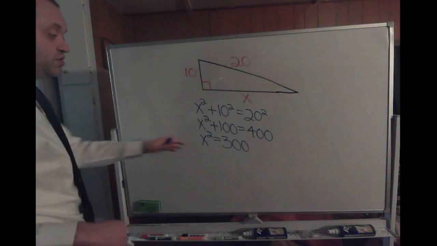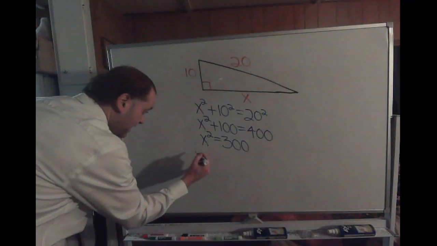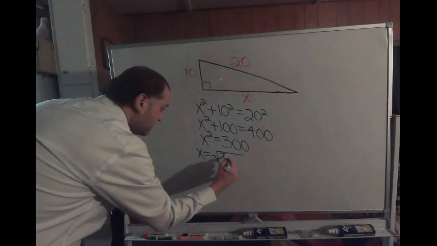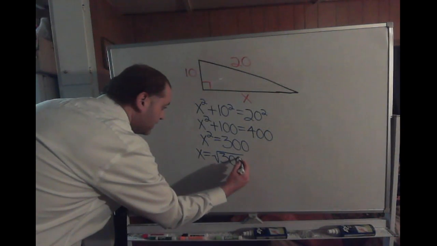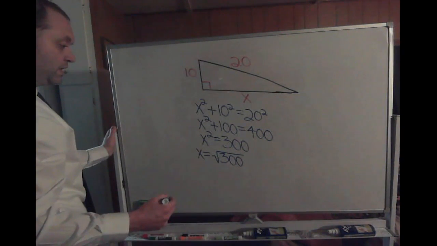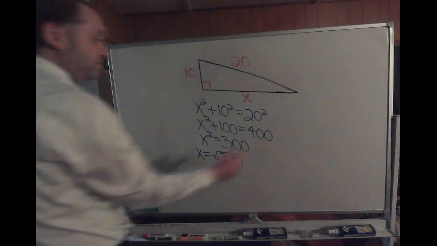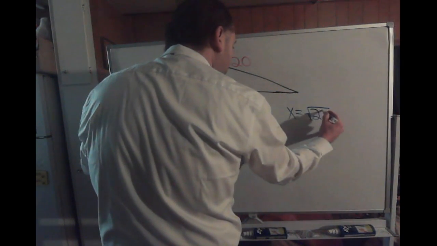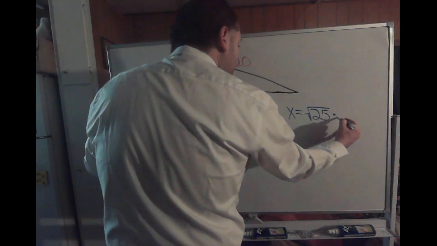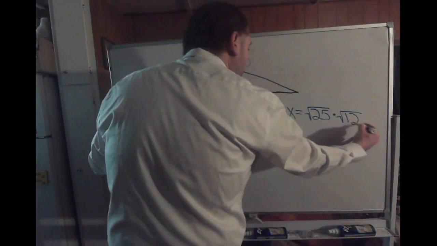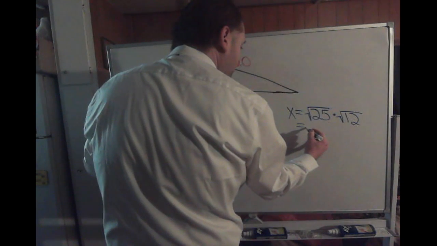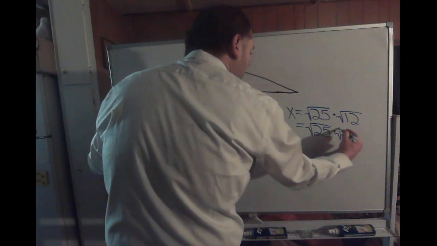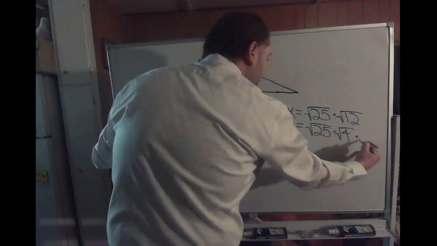And now, of course, we want to take the square root of both sides, only the positive square root. X initially equals the square root of 300, which would simplify here. We can break this down into x equals the square root of 25 times the square root of 12, which would simplify further into the square root of 25 times the square root of 4 times the square root of 3.